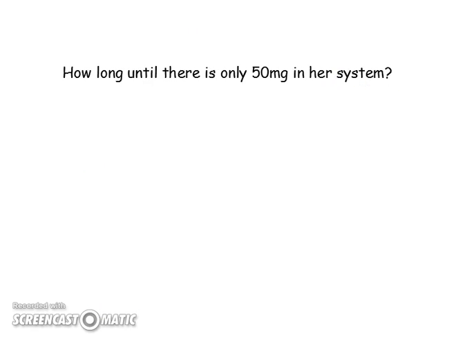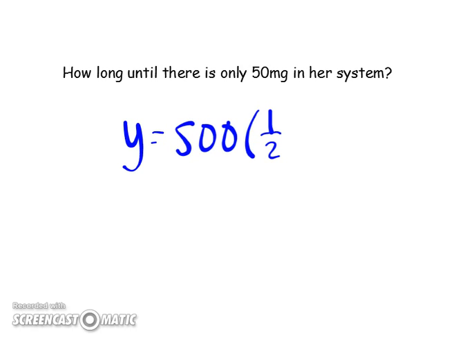Now, the next question we asked was how long until there's only 50 milligrams in her system? Well, if we go back to this equation, sorry, that should be 50. 50 milligrams is the amount that's in her body. We want to know when that amount's in her body. So that's y.